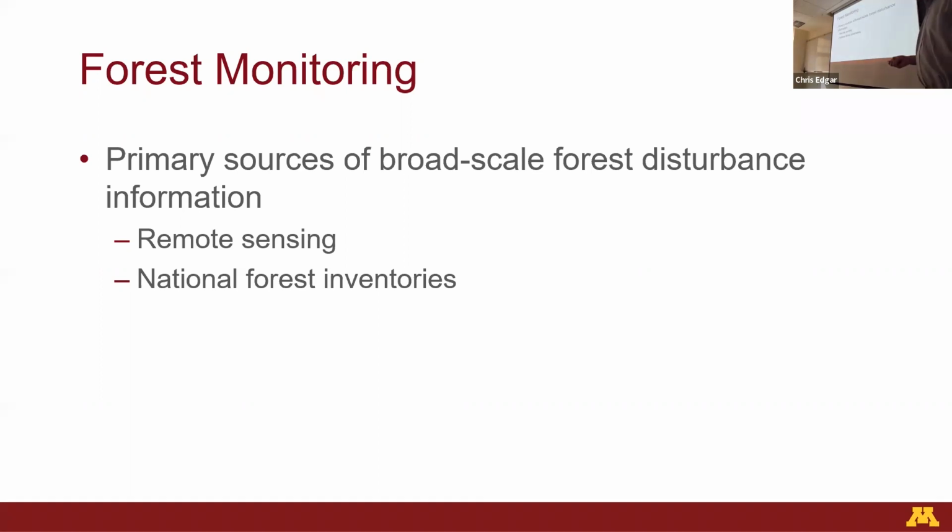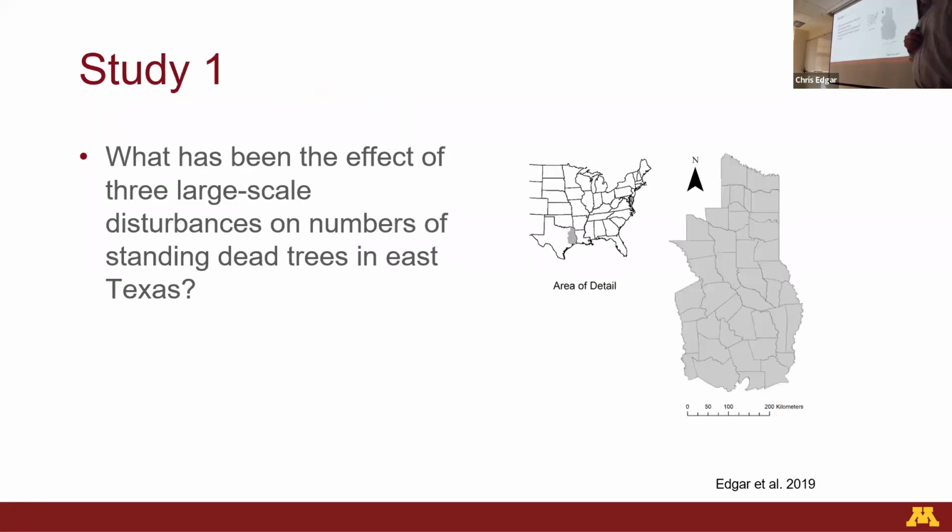So let's take a look at the first study, which was, again, when I got here in 2017, I had Texas on my mind a lot. Minnesota was not quite on my mind yet, let alone the whole northern research area. I was very familiar with the Texas data and had done quite a bit of work on disturbance estimation already.